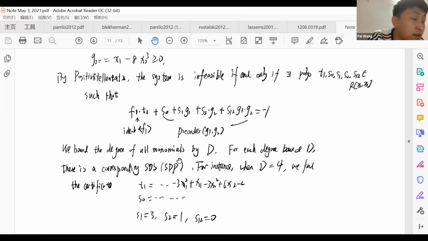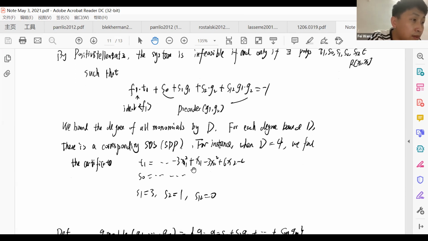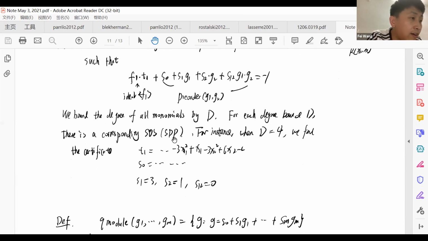The unknowns are actually just the coefficients of F1, S0, S1, S2, and the number of unknowns is bounded by this degree D. So this is the corresponding SDP problem, or sum of squares problem.